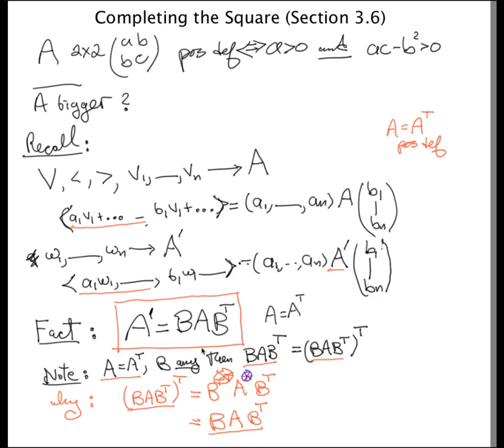And it's also true that A is positive definite if and only if A prime is positive definite. And why is that? Well, I mean, you could do some kind of crazy calculation, but it's actually obvious, because A and A prime are both giving you the same inner product, just in different bases.